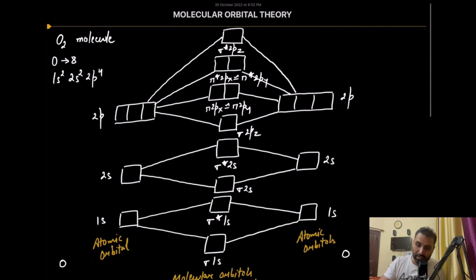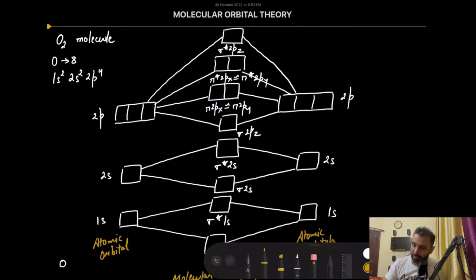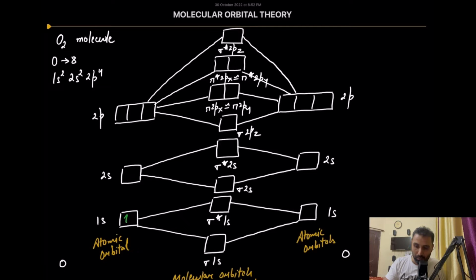Now I am going to fill the electrons in the molecular orbitals with the help of atomic orbitals. So let's fill them. First of all, the electronic configuration for oxygen atom is 1s2, 2s2 and 2p4. The same goes to the second oxygen, 1s2, 2s2 and 2p4.